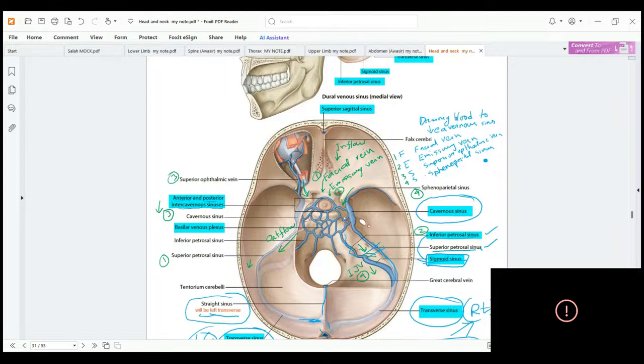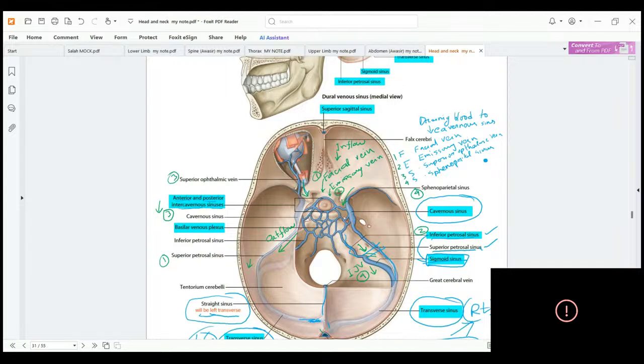The facial vein, emissary veins, and the ophthalmic veins, superior and inferior, are all coming to and draining into the cavernous sinus. Also the sphenoparietal sinus drains into the cavernous sinus.